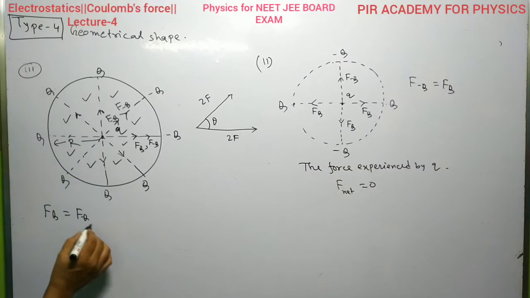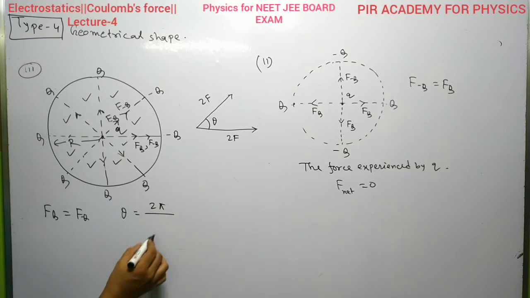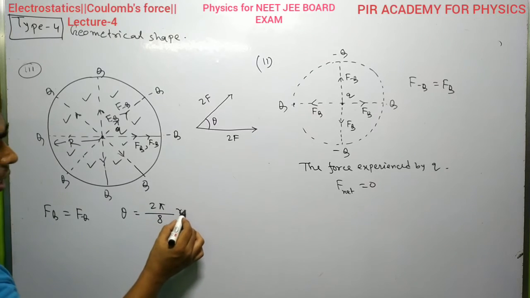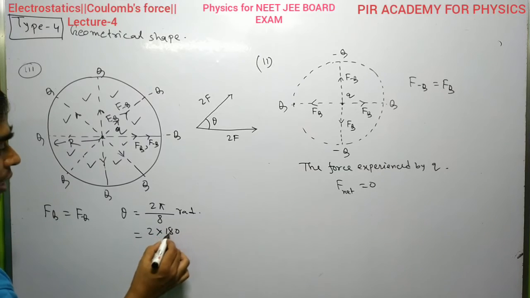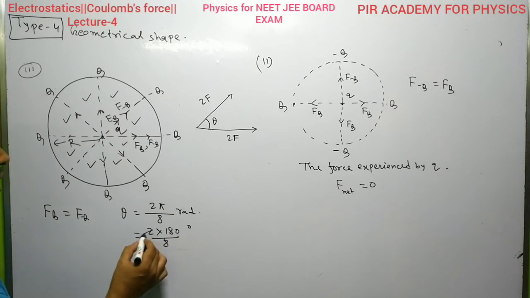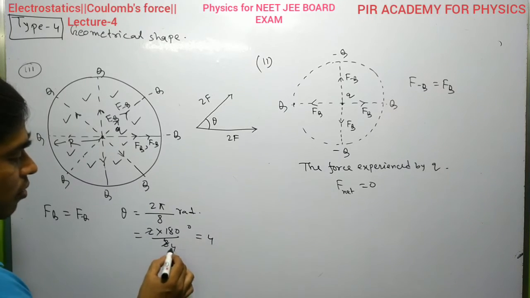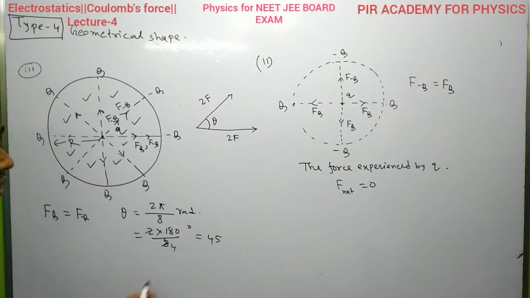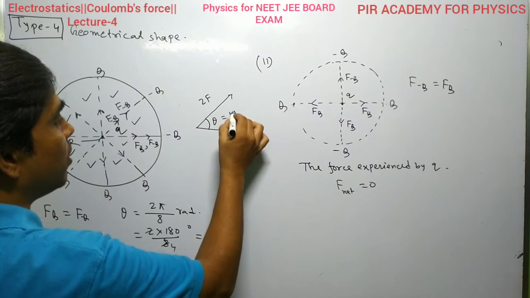So theta will be 2 pi divided by 8 radians. That is 2 into 180 divided by 8 degrees, which is 45 degrees. So theta will be 45 degrees.